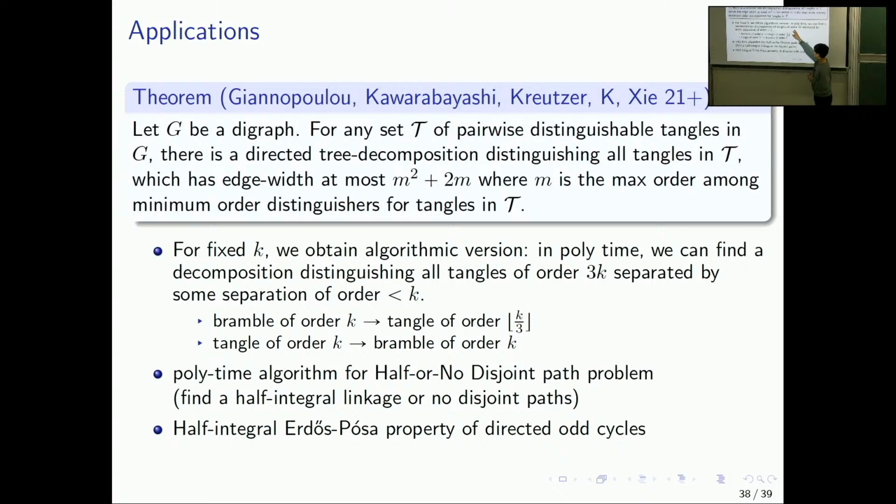But we only care about tangles separated by order less than that. You need a factor 3. Yeah, so between the order of the separation and the order of the tangle, there is some factor of 3. Yeah, we do not have an algorithm that distinguishes all the tangles of order k.